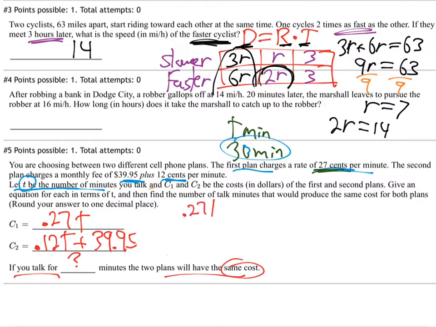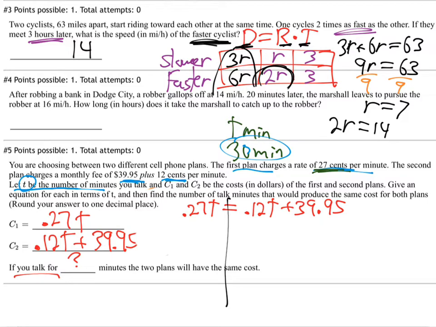So you take the 0.27t and you set it equal to the 0.12t plus 39.95, and you solve for t. You find out what value of t will make those two equations equal. So how do we solve for t?